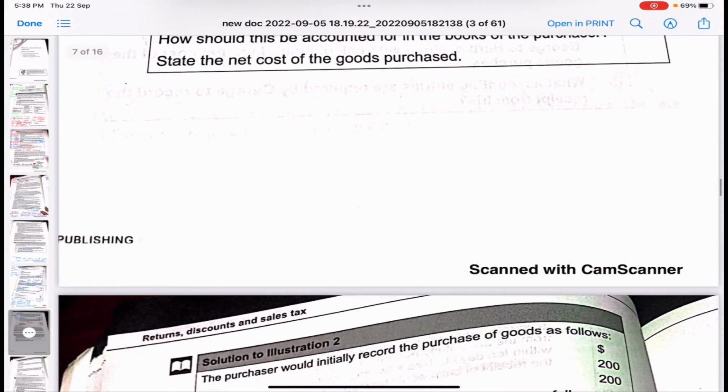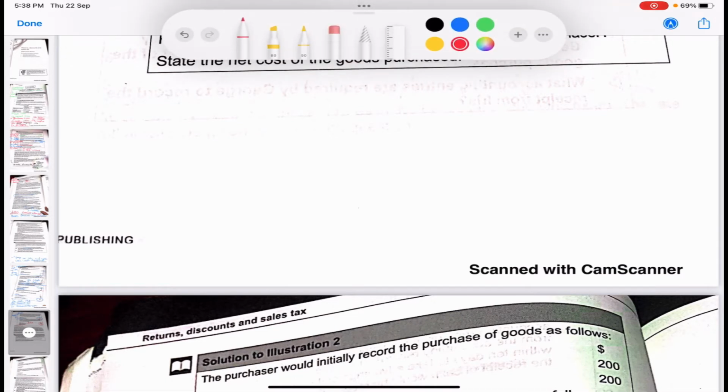Even if it's not understandable, let's first quickly discuss whatever we have seen. When you're talking about cash discount, there are various situations which you need to look into.